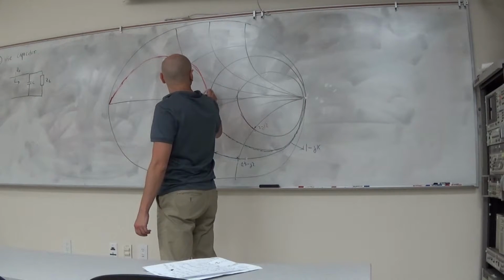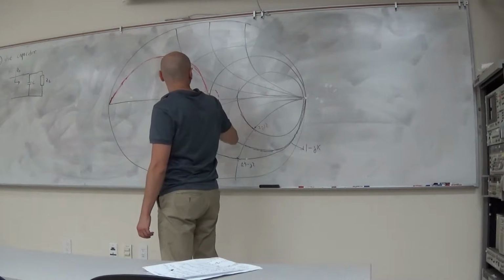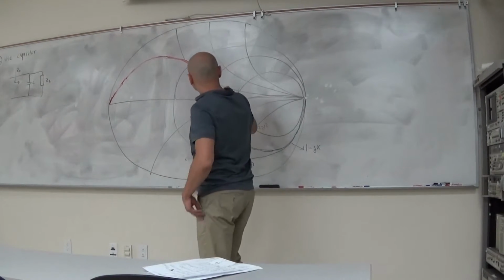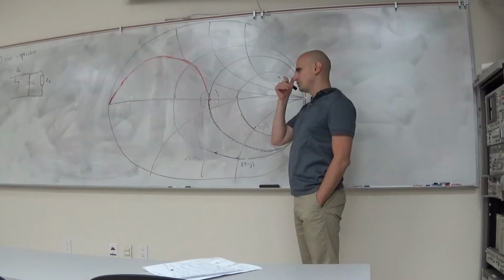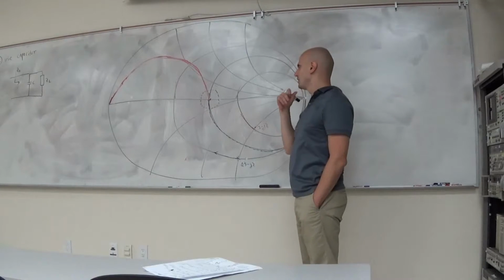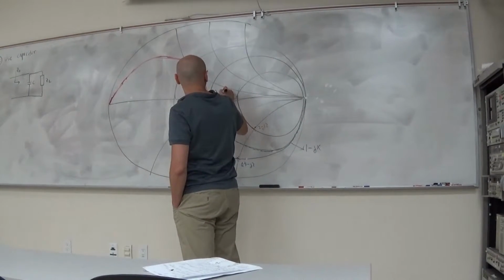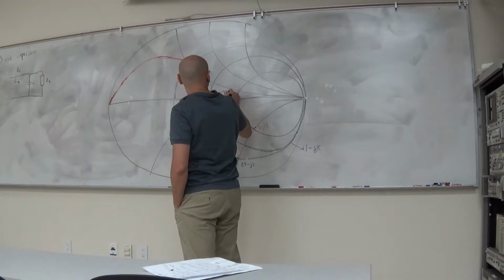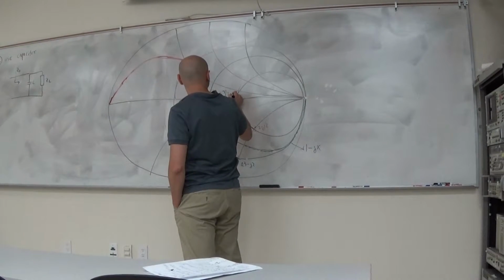So let's say my criteria was to have a matching network that would give me a return loss of better than, let's say this circle is gamma equal to minus 10 dB.